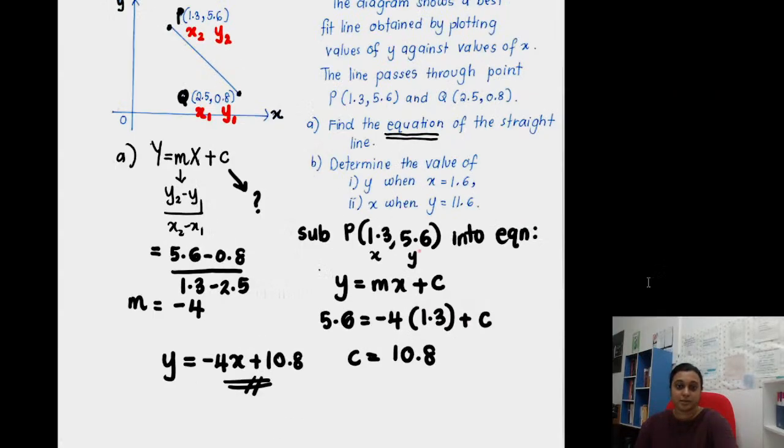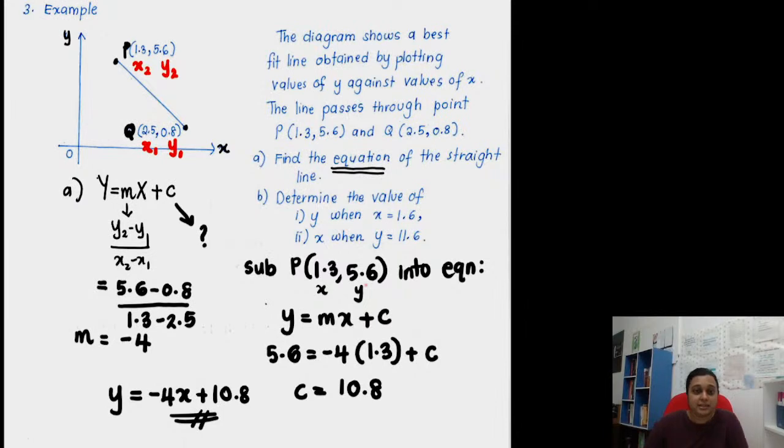Okay, B. Determine the value, cari the nilai of y apabila x sama dengan 1.6. Okay, when your x is 1.6, mereka nak kita cari y, isn't it? So what we do?